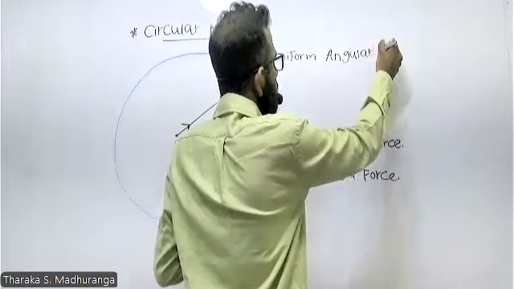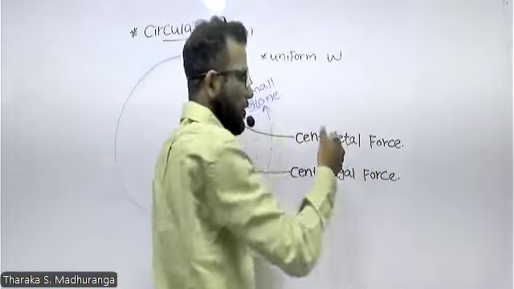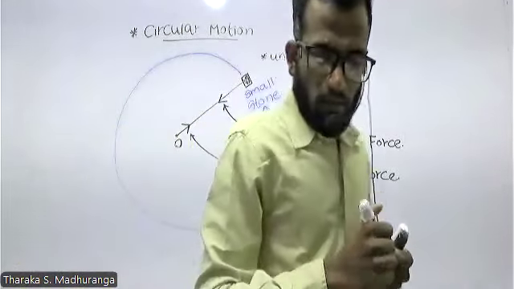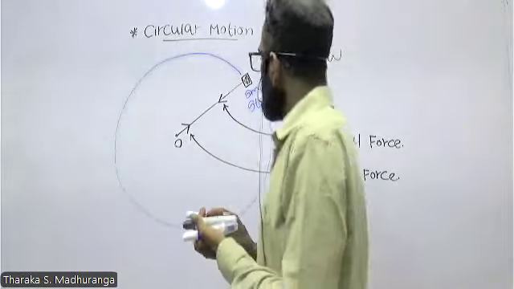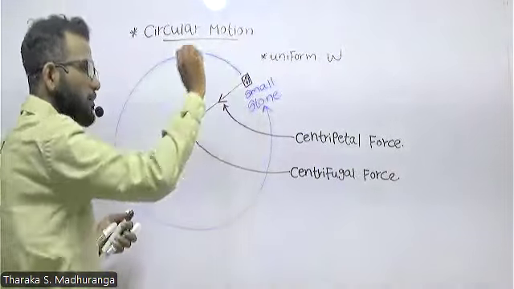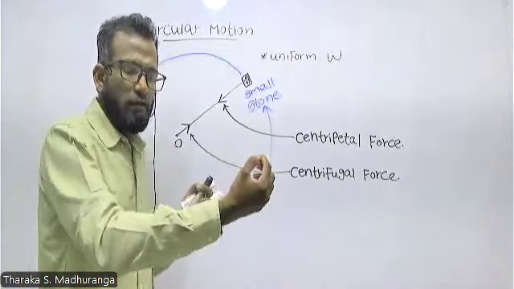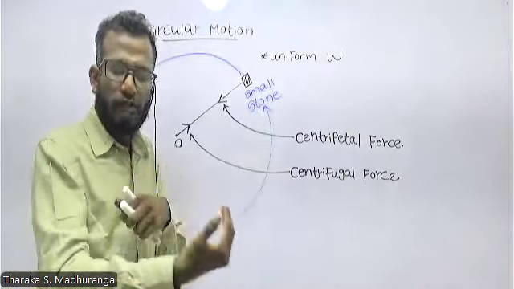Uniform omega means the omega is the same. It is rotating with uniform angular velocity, that means with time the angular velocity is the same.